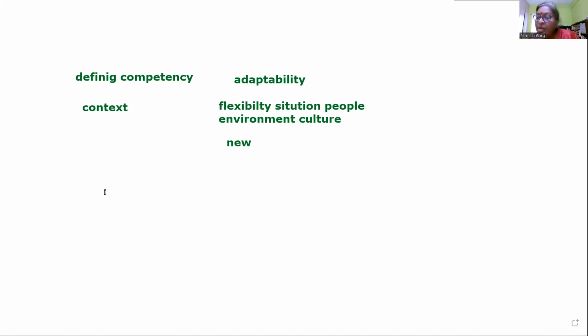If I'm hiring an HR manager, say a recruitment manager, and I've defined adaptability as a competency, I have to define it in the context of that organization, environment, his work situation and his organizational structure, everything. So it will change.